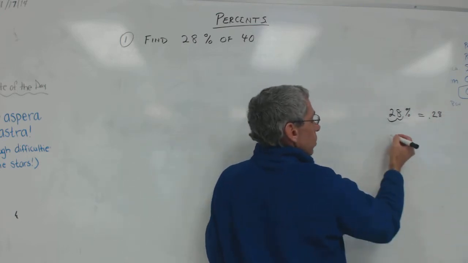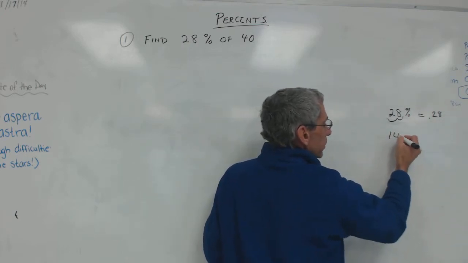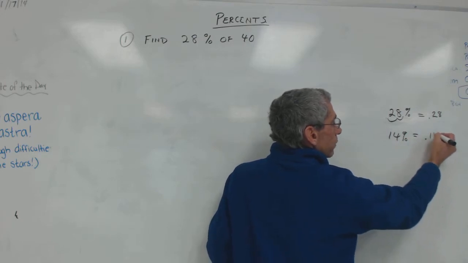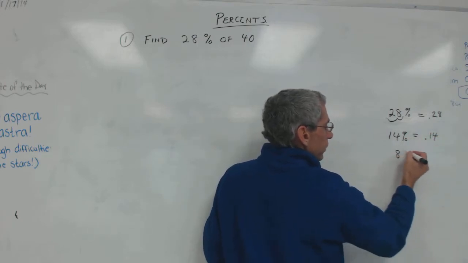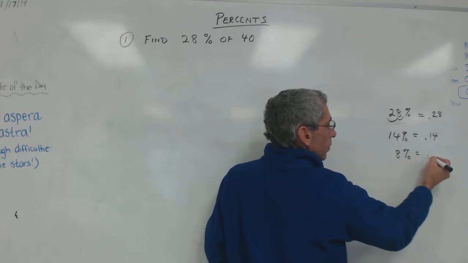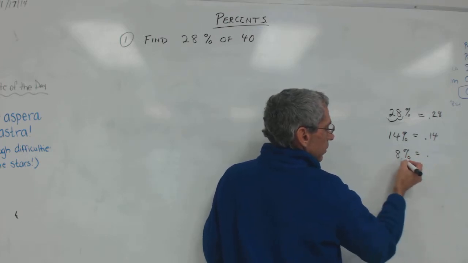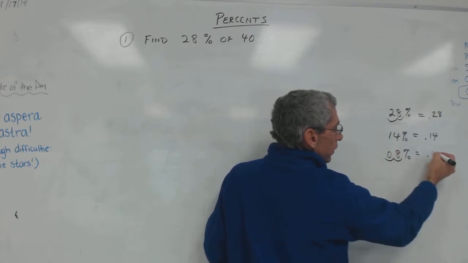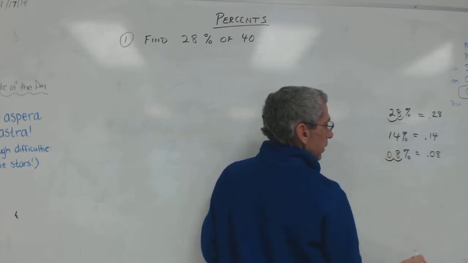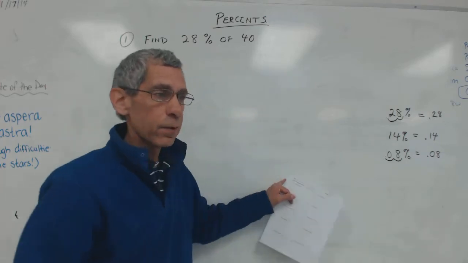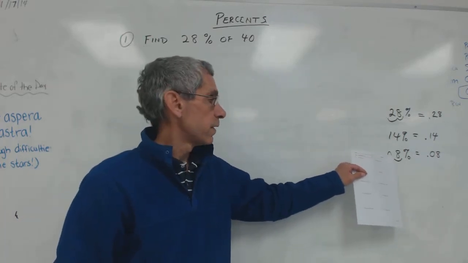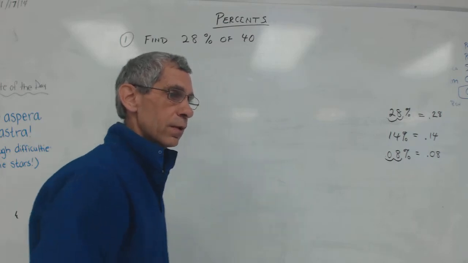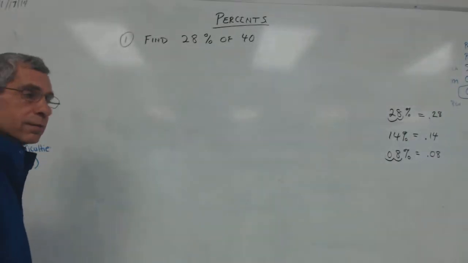So what about 14%? 0.14. What about 8%? Think about it. 0.08. I've got to throw a 0 there, right? That's really important. That's typically the kind of mistake people make. If I say 8%, they write 80, or 0.8, which is 80%.